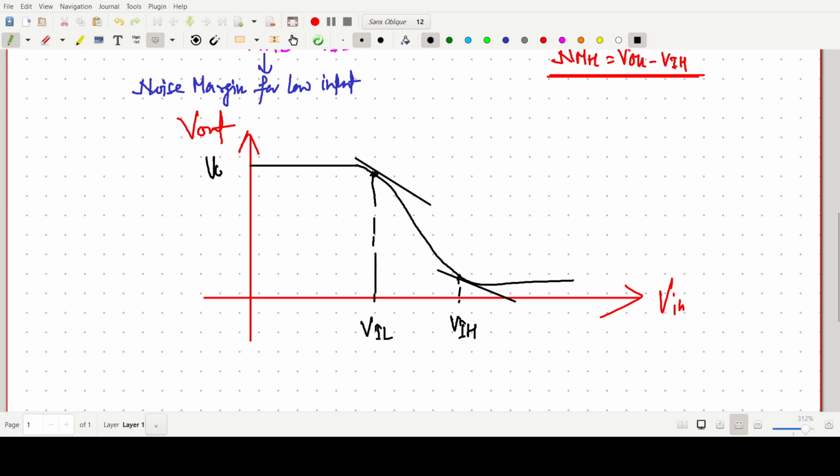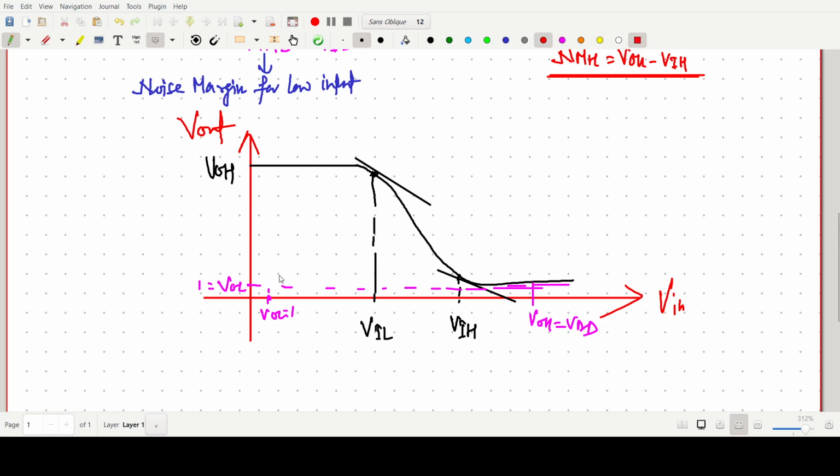This point is our VOH, and this one is our VOL, and this one is constant. After this one is our VOH, that is our VDD. And this value is VOL, so this one is also VOL, like suppose 1 volt.